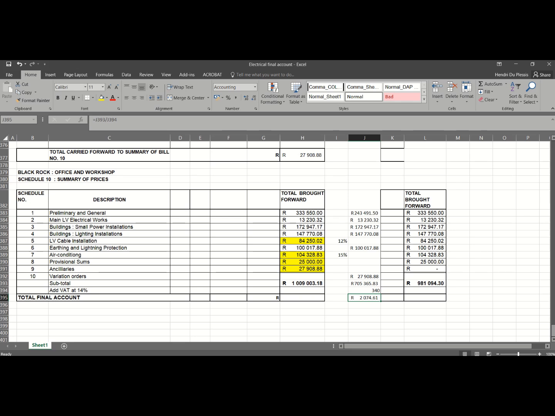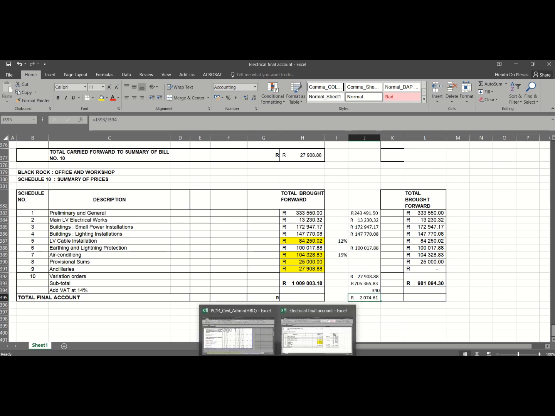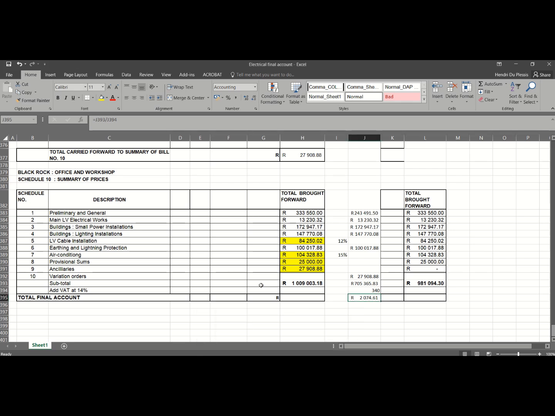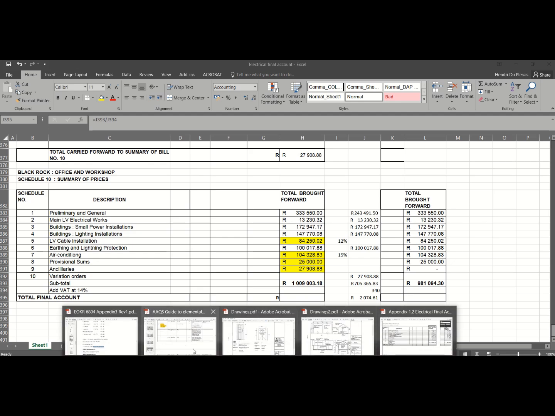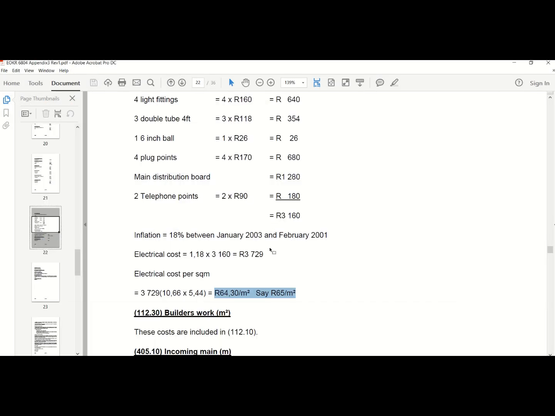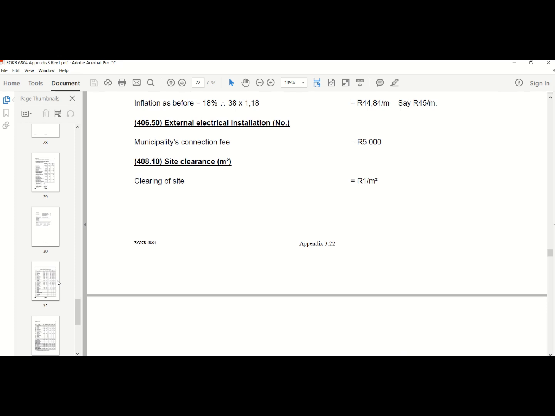So if you have your elemental estimate, what would happen is you would take this rate to use in your elemental estimate.